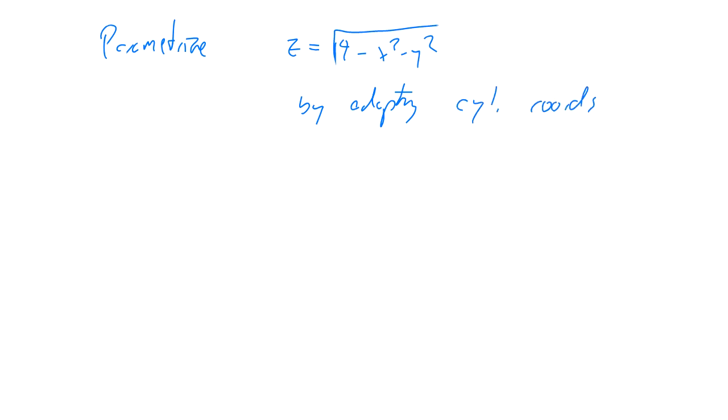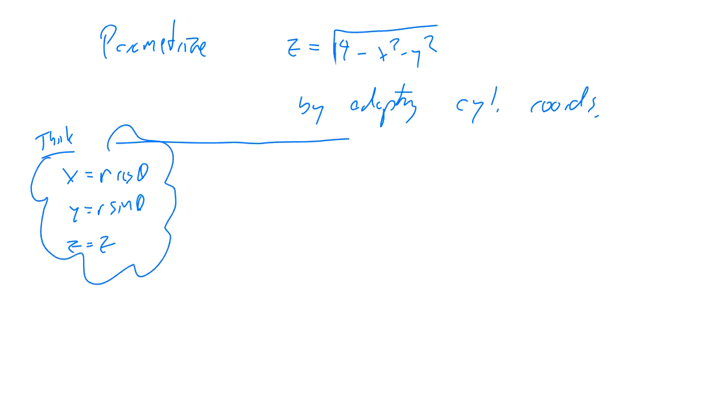Let's parameterize z equals the square root of 4 minus x squared minus y squared by adapting cylindrical coordinates. Maybe you can hear in my voice that I just got excited about the question. This is a good one. So to begin with, we're going to think of the general cylindrical coordinates, which is x equals r cosine theta, y equals r sine theta, and z equals z.